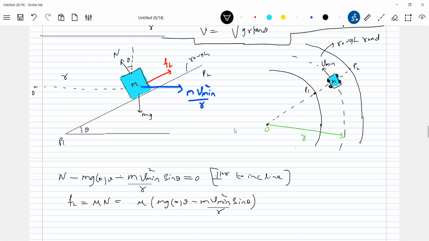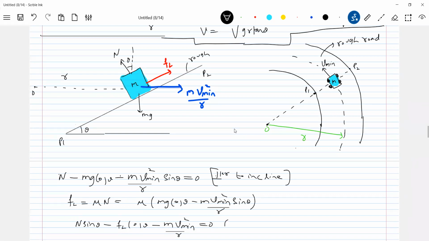So let me just write the equation. Along the y-axis, this is a required thing. This is about what we did in the laws of motion chapter. So okay, we got the value of N. Now I'll go for this one: N sine theta minus FL cos theta minus m v minimum square by R equal to 0.